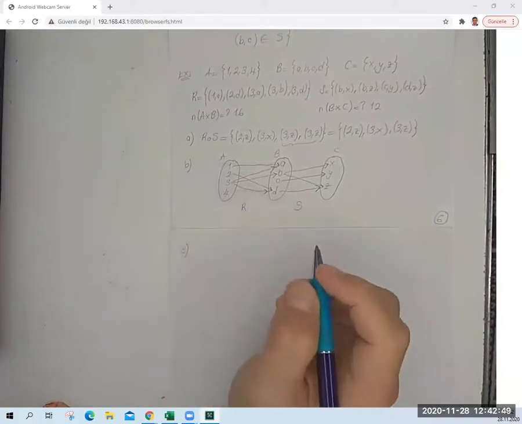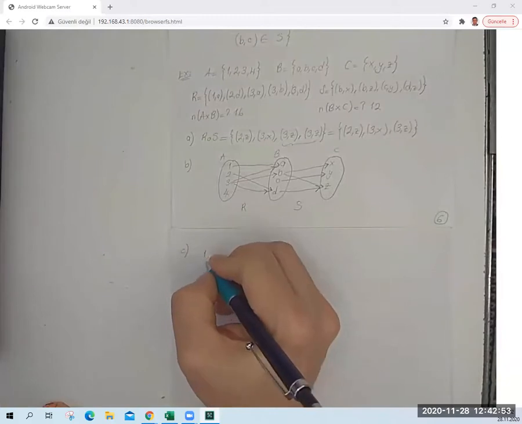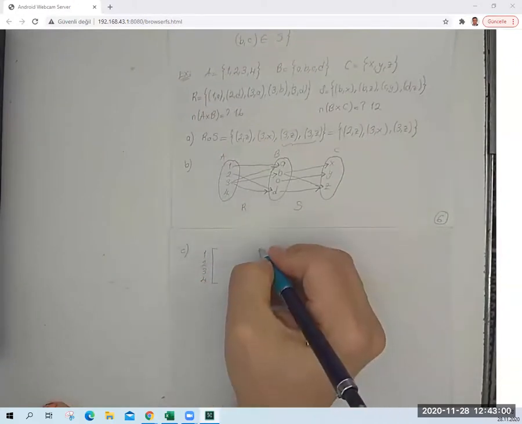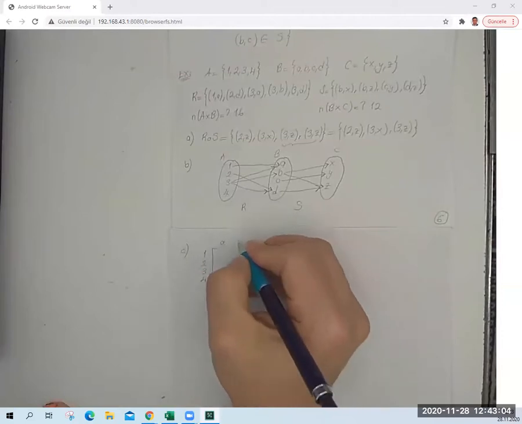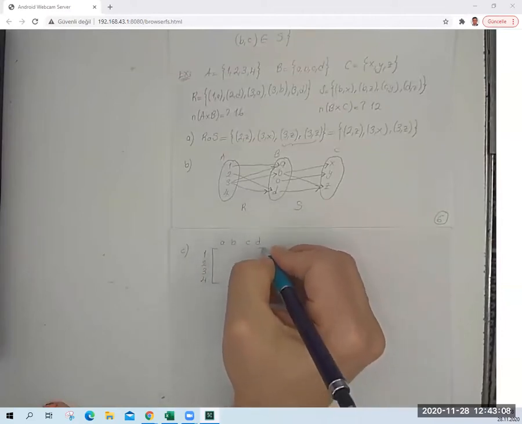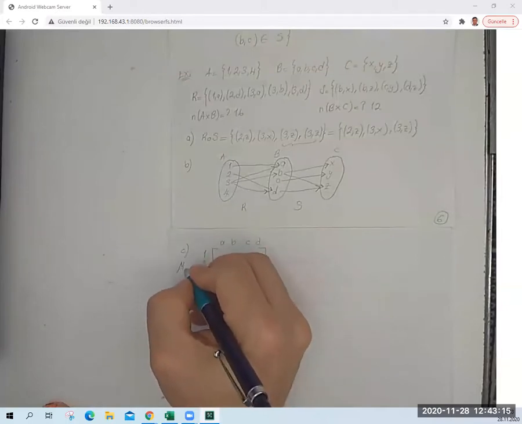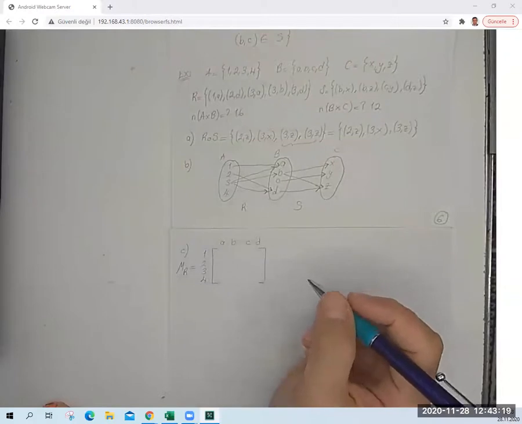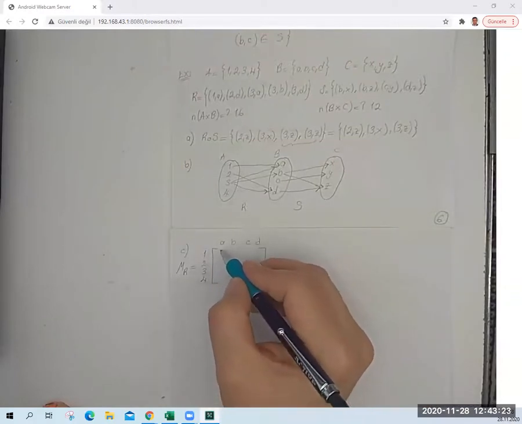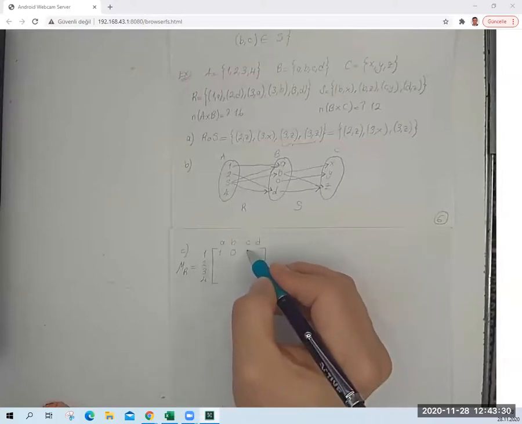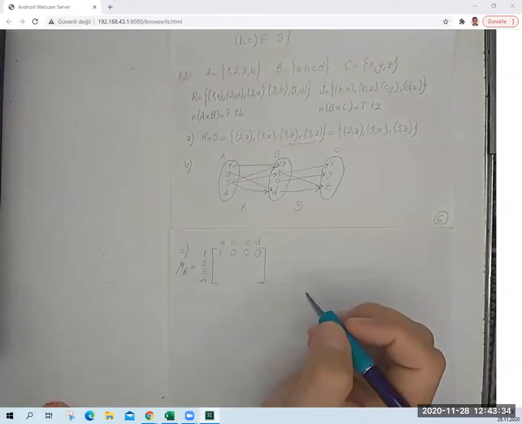Let's write it from A to B, with B members A, B, C, and D. So this is the relation matrix of R. 1 to A relation is 1, but there is no 1 to B, so 0, 1 to C is 0, 1 to D is 0.